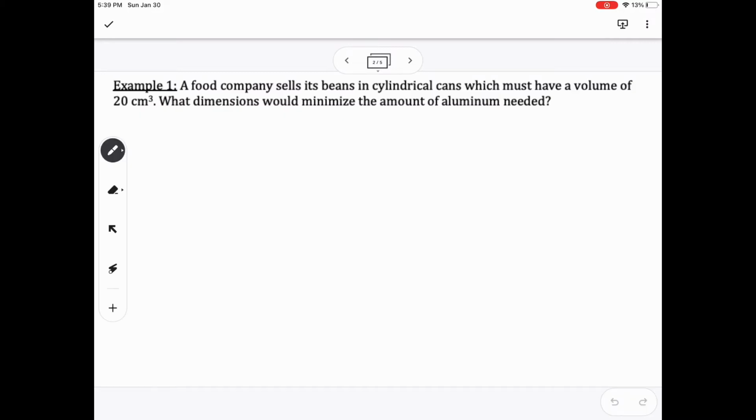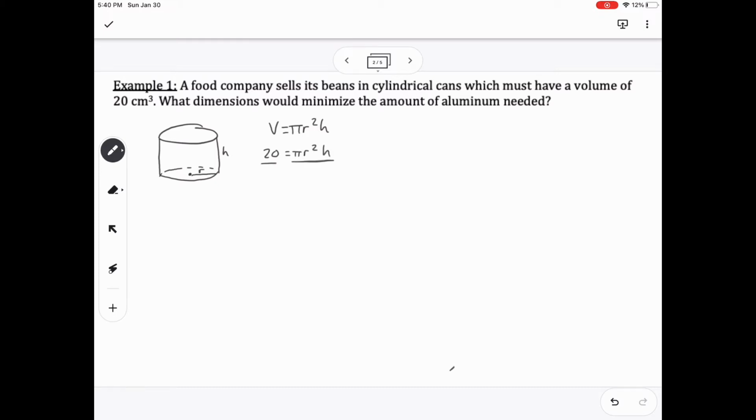Okay, so example 1 says a food company sells its beans in cylindrical cans, which must have a volume of 20 centimeters cubed. What dimensions would minimize the amount of aluminum needed? So here, obviously has a radius of r, height of h. Now they do give us the volume of this cylinder, which is 20 centimeters cubed.